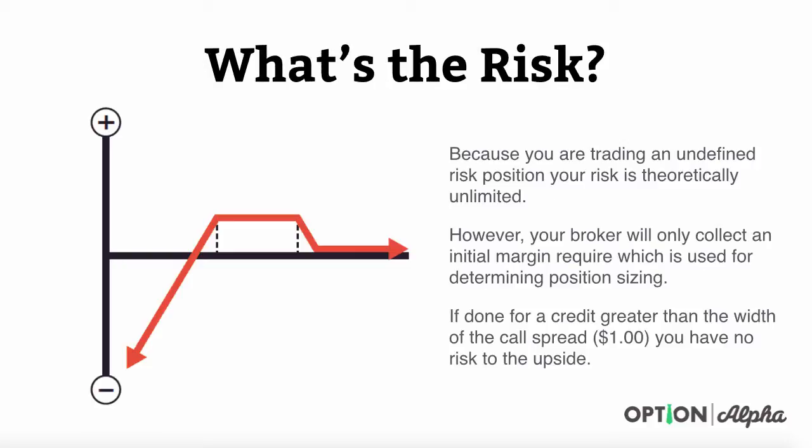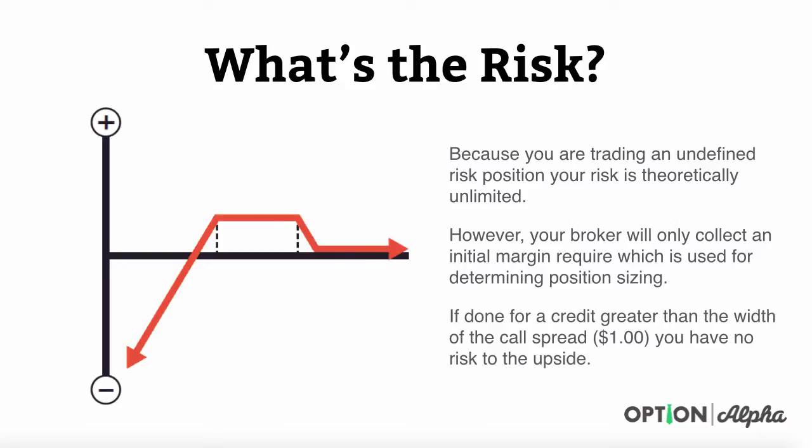Now, because you're trading an undefined risk position, your risk is theoretically unlimited with this strategy. This is an unlimited risk strategy, and your broker will only collect the initial margin required, which is used for determining your position sizing. And again, we've got a great downloadable PDF at optionalpha.com for members to download that can help you with figuring out your position sizing.